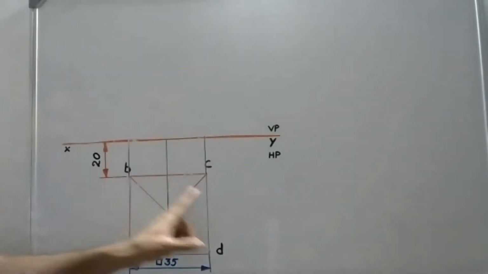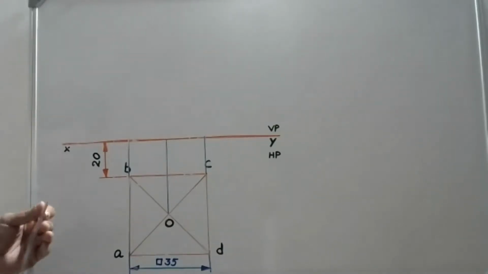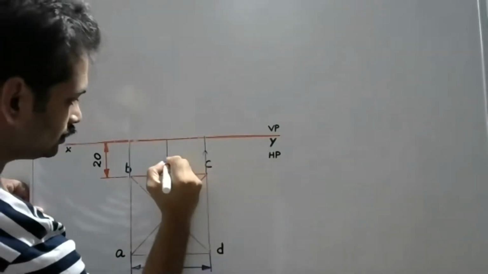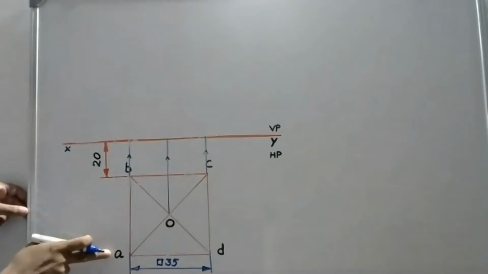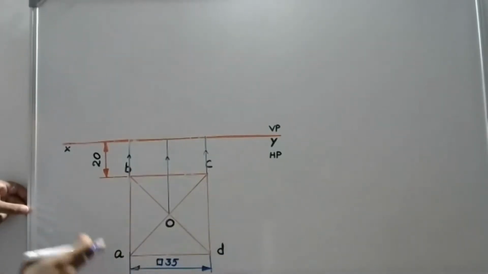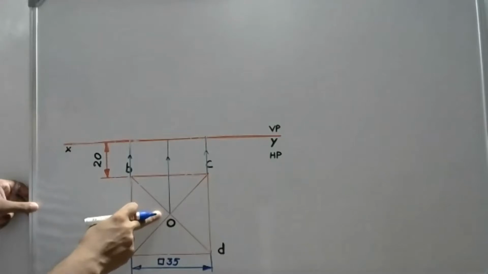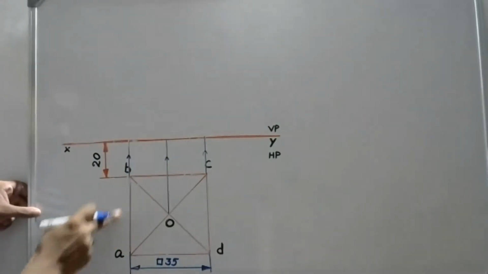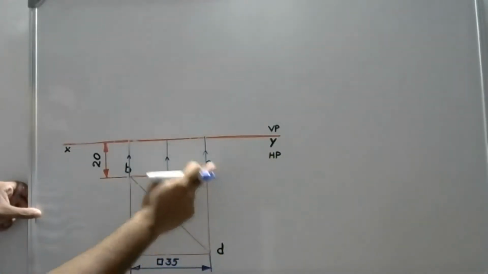That means we are projecting all the solid corners to the front view. That is the first step for obtaining the front view. This is the direction of projection; you can simply mark arrows. We projected all 5 corners, 4 corners of the base and the apex, toward the front view.